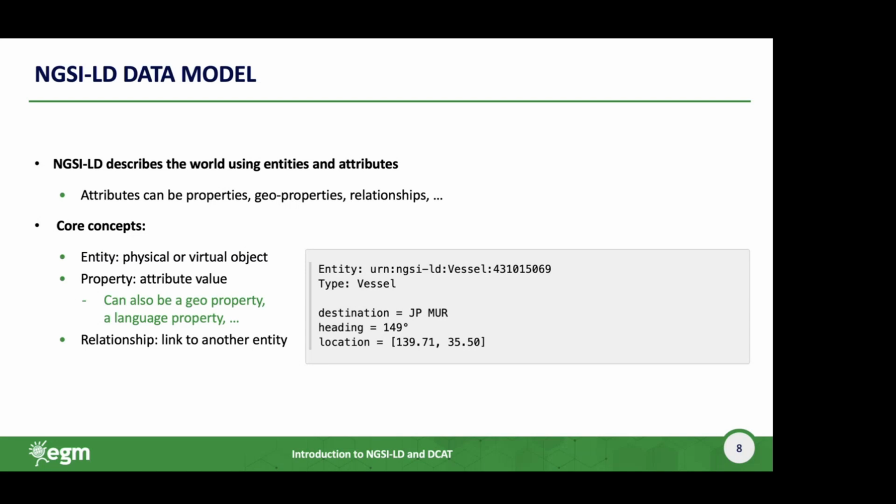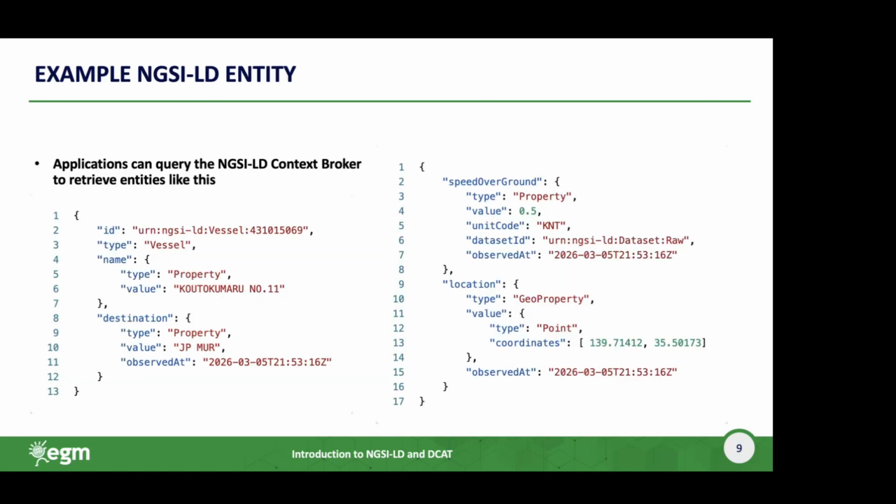If you have multilingual requirements, you can define a language property and have this value in different languages: Japanese, English, French, and so on. And a relationship is a link to another entity.